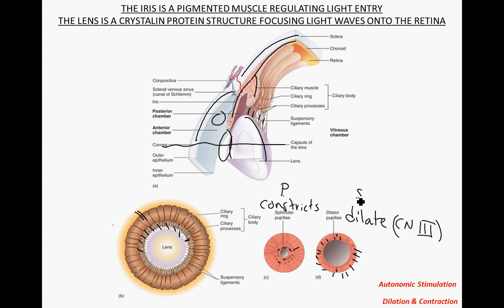So when we sympathetically stimulate the eye oculomotor, we send sympathetic pathway down, you're going to contract these radial ones, but then the circular ones will relax. And conversely, when you stimulate parasympathetically, the circular ones contract and the radial ones will relax. And this is how you control how much light is coming in to your eye.